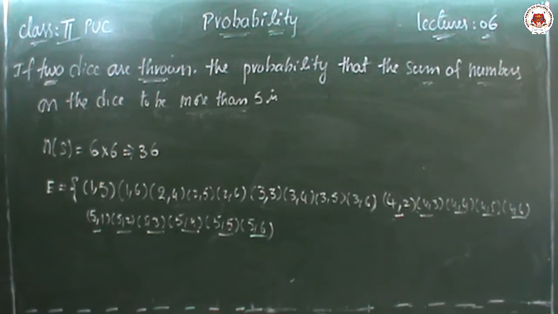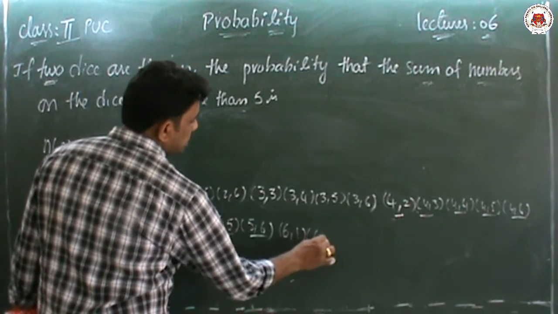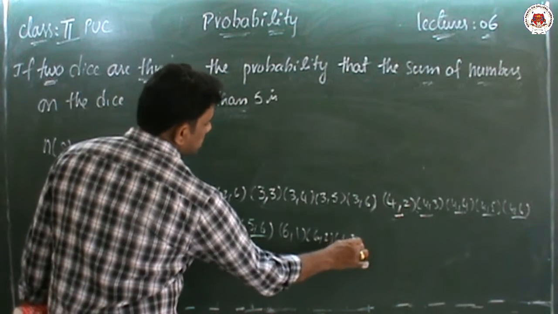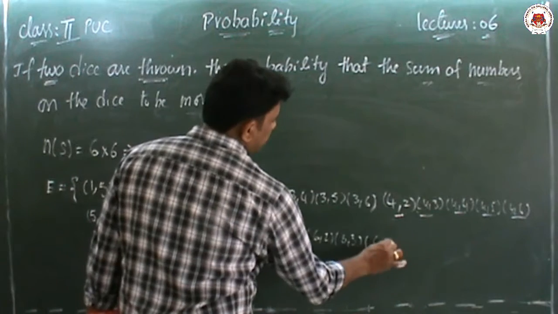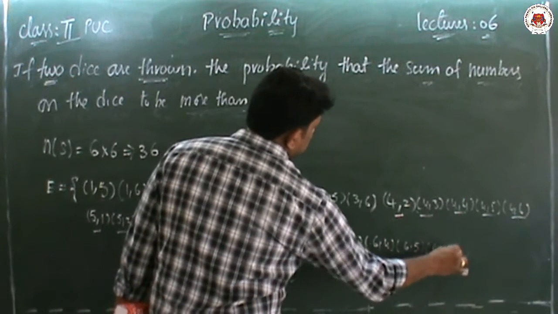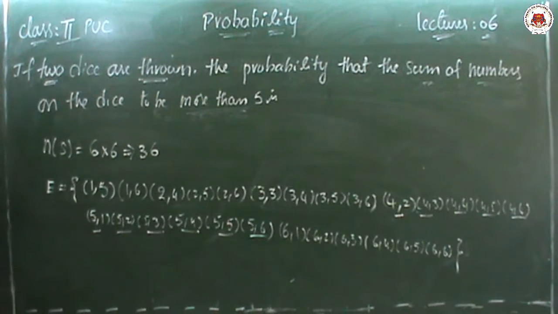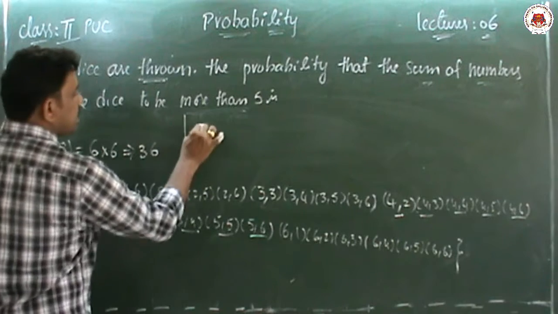Now with the 6 also same thing. 6 comma 1, 6 comma 2. Next one is 6 comma 3, 6 comma 4, 6 comma 5. And next one is 6 comma 6. So the sum of all these numbers is more than 5. Now we will find out the probability of these events.